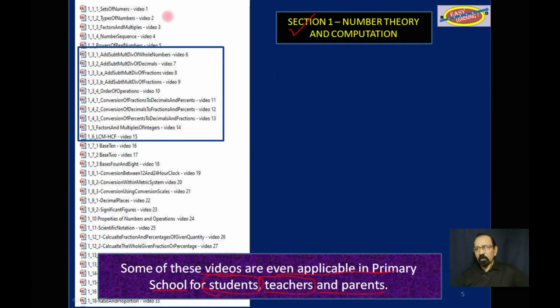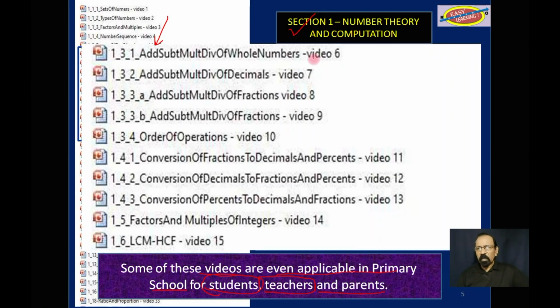If you consider this box here, let's expand it. You will notice that video 6 says add, subtract, multiply, and divide whole numbers, which is work done in primary school from grades 2 and 3 and more so grades 4, 5, and 6.